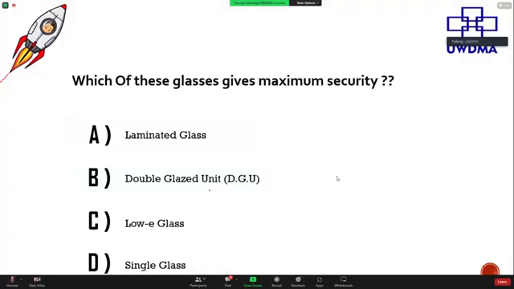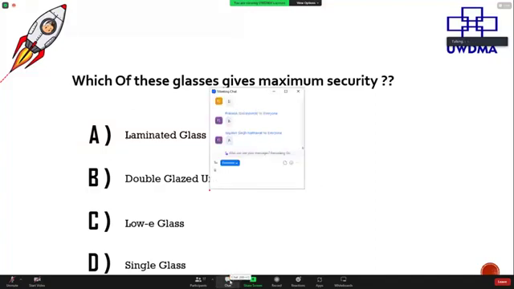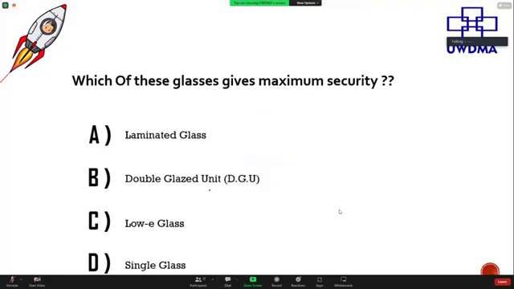Okay. So which glass gives maximum safety and security? Is it laminated, double, low E, or single? Okay, unanimously, everybody is saying A. So we are going for A. For a double glaze, we are not saying safety and security, because if the double glass breaks and it is non-toughened, then it could come on you and hurt you.